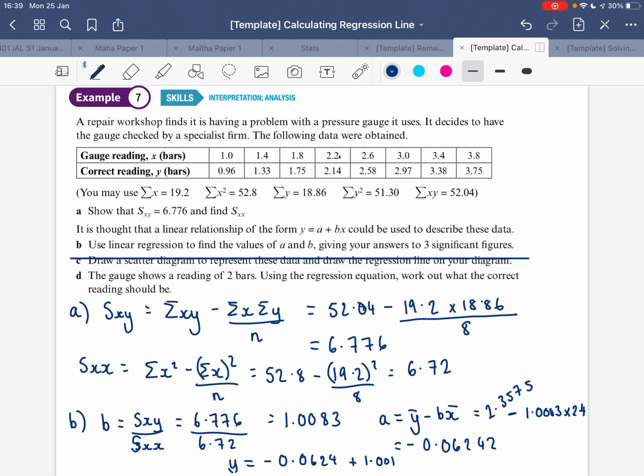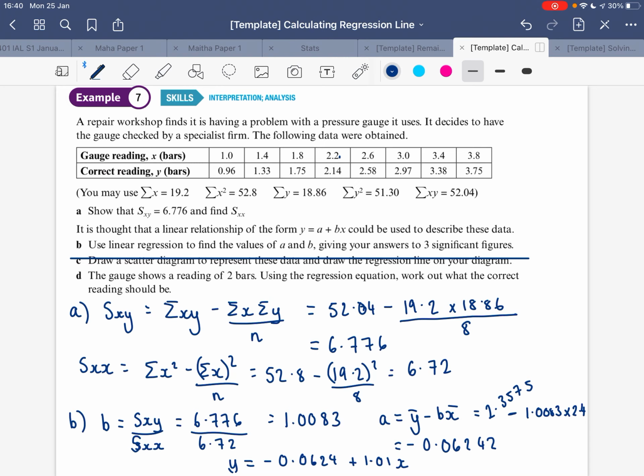No, that's wrong. 1.01 when we round it to 3 significant figures, x, and that is our regression equation. We're not going to do C, but you would draw the scatter diagram, and then you would need to draw that line, and you would need to draw it accurately. So you would need some graph paper, you'd need a nice scale so that you can draw it as accurately as possible. But yeah, your gradient is 1.01 and your y-intercept is negative 0.0624.